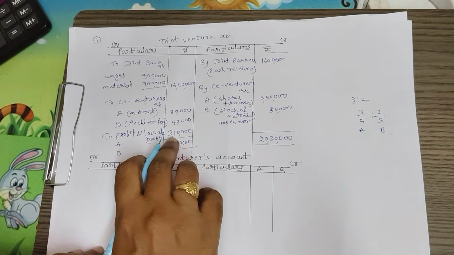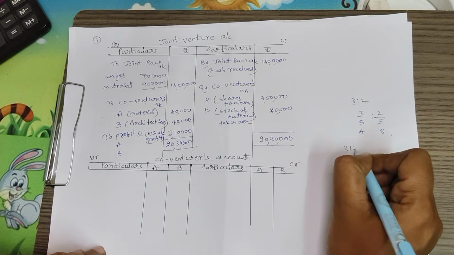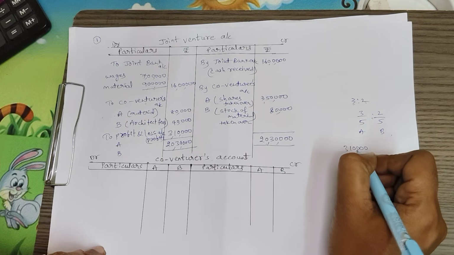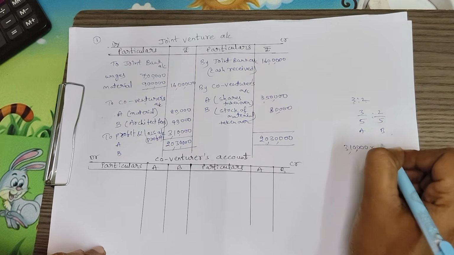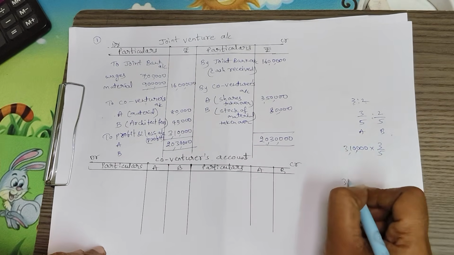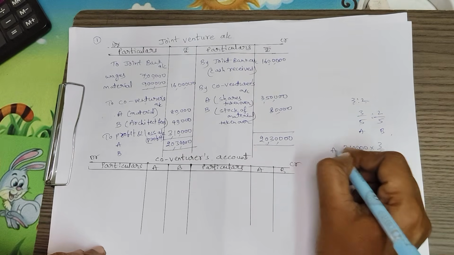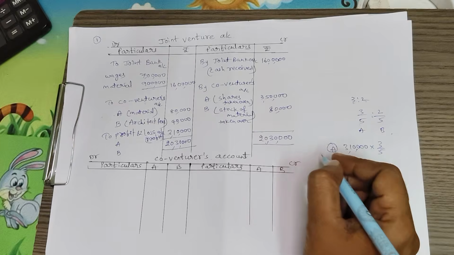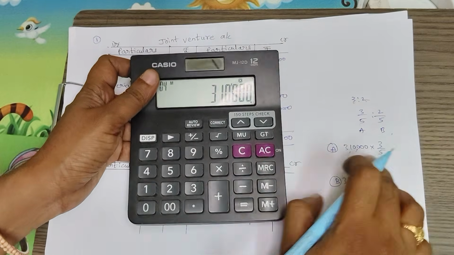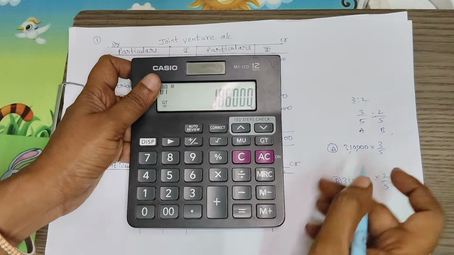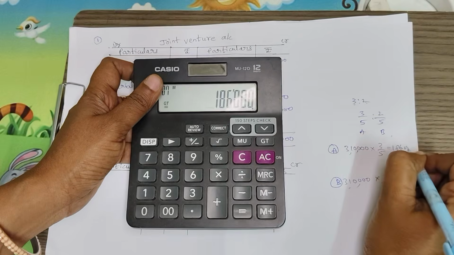Okay, so what is the value here? 3 lakhs 10,000 into 3/5, and 3 lakhs 10,000 into 2/5. So this is A's profit and this is B's profit. See here, into 3 by 5, what is the value? 1,86,000.